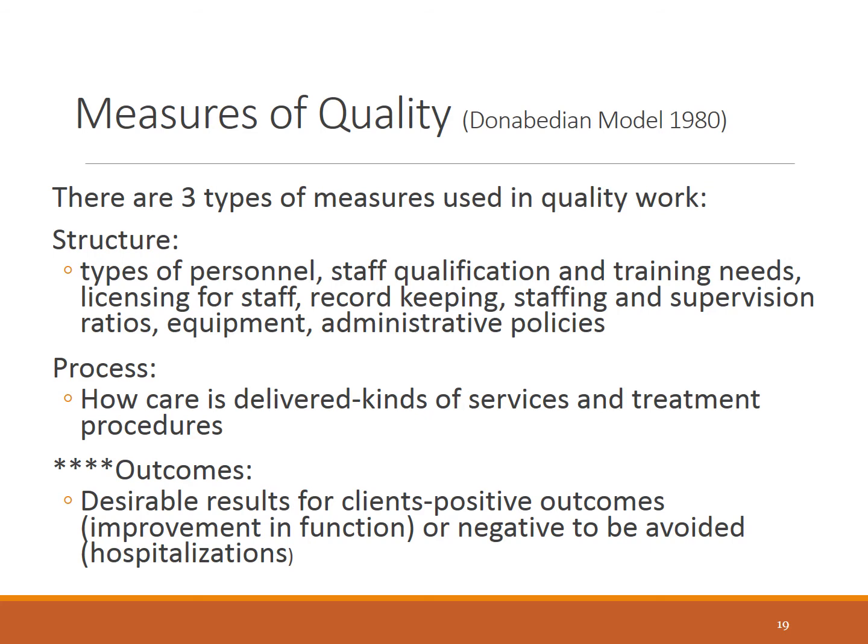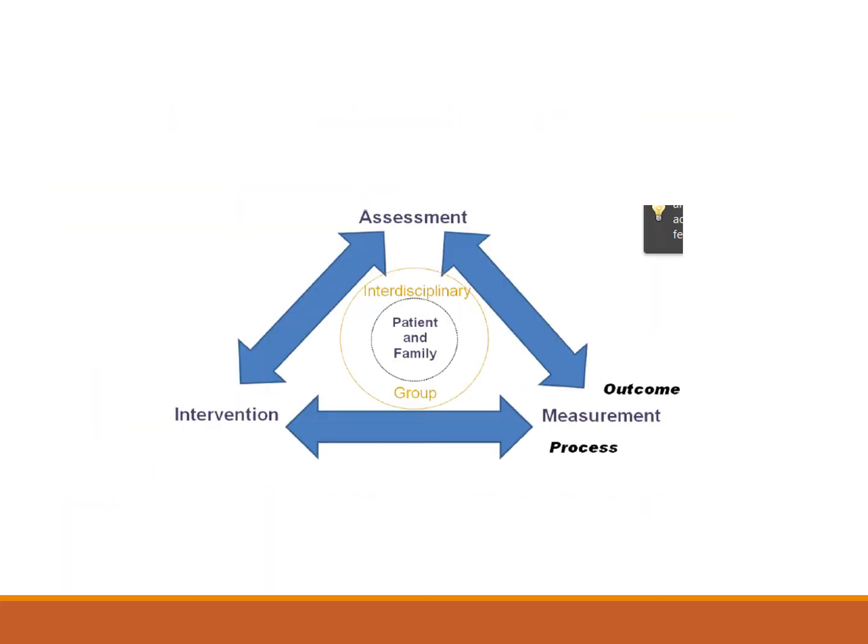So quality in healthcare is evaluated on how the care is organized, what's done by the caregivers, and what outcomes have been achieved. And if we always build our plans based on the structure, process, and outcomes, we can identify and improve our systems.